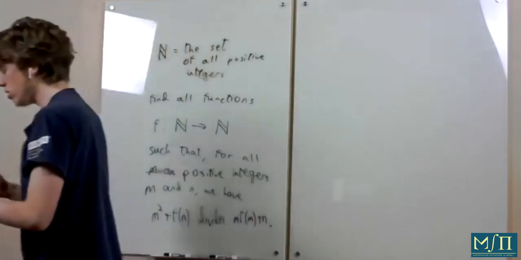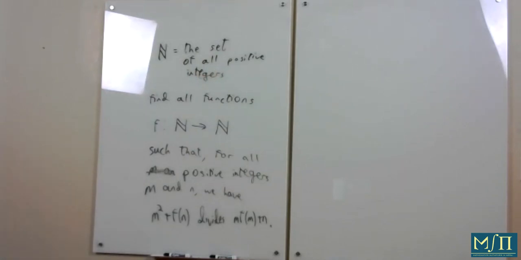This is what you think of as a functional equation. There's some expression and you have to use it. If you've never seen a functional equation before, you might not know what to do with it. There are some things to be careful of. You can't assume that f has any nice properties. You don't get to assume that it's a polynomial or something.